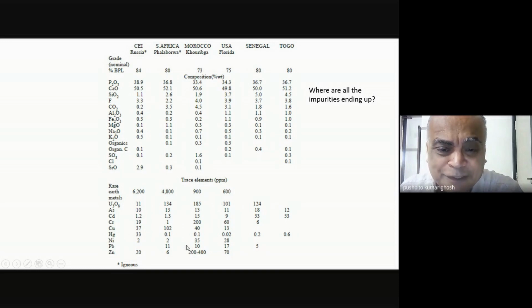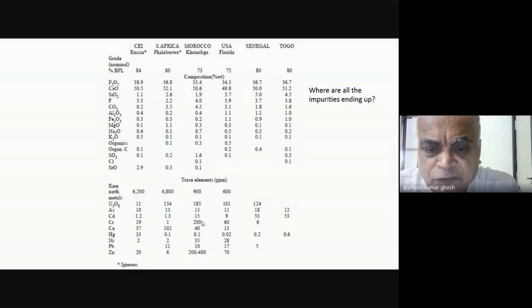Look at all this. Chromium, 200 ppm. So the question and the issue that you should also look at is that I find a lot of naivety on the part of our people. I don't know if it's a deliberate ploy or whatever it is, but everybody will tell you only how much P2O5 is present in their fertilizer.